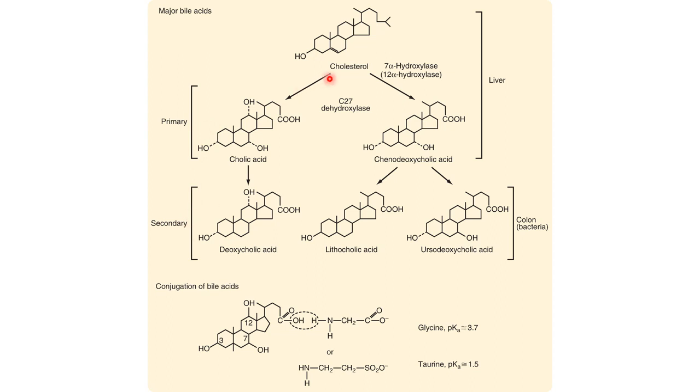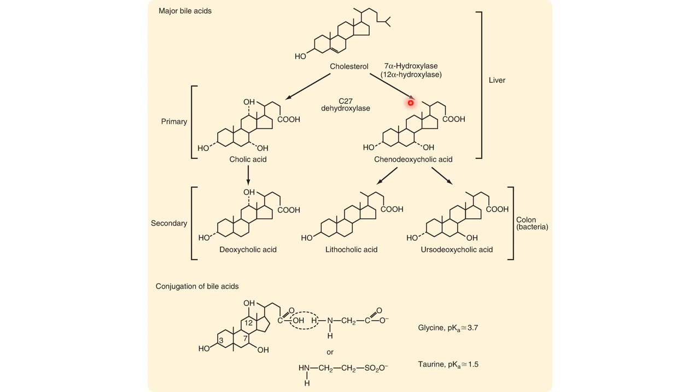So again, all of them will stem from cholesterol. So the cholesterol will be acted upon by hydroxylases and dehydroxylase at carbon 27 to form cholic acid or the chenodeoxycholic acid. So the difference would be the hydroxyl group here.